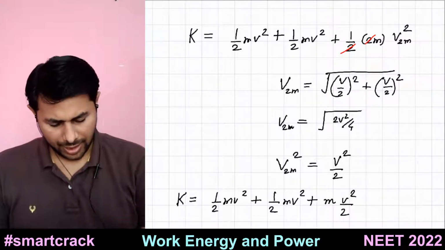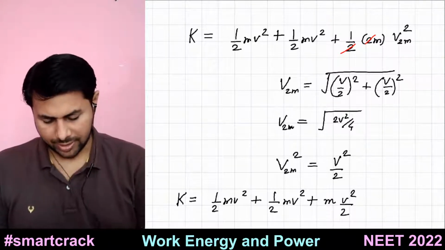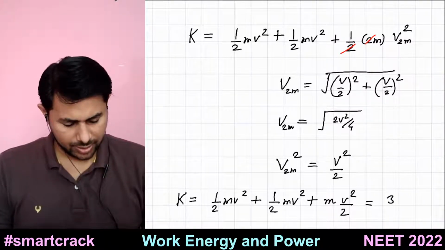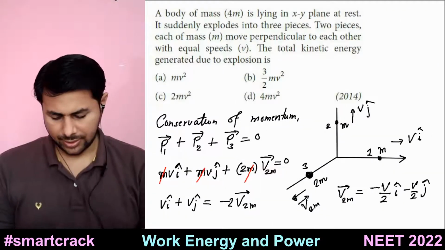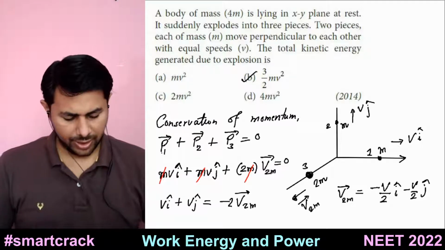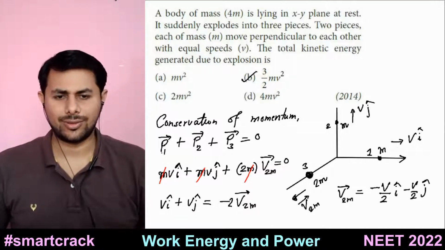So it is half mv square plus half mv square plus half mv square. It is 3 times half mv square, or 3 by 2 mv square. So this should be the answer. So option B is your answer. Okay, it's simple. All right.